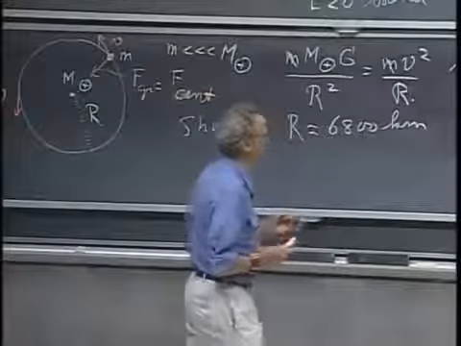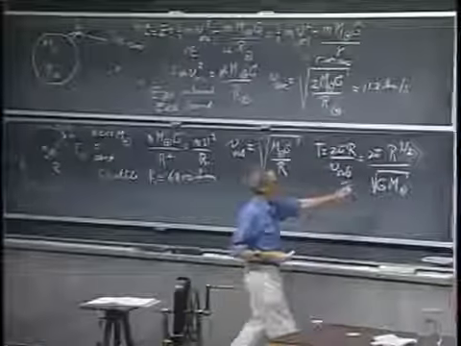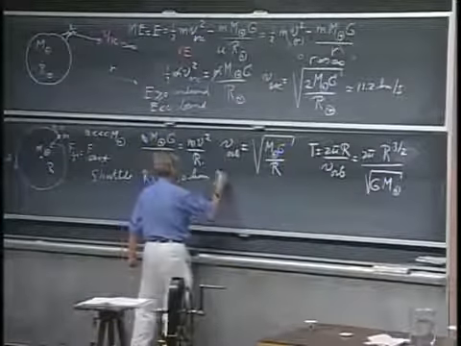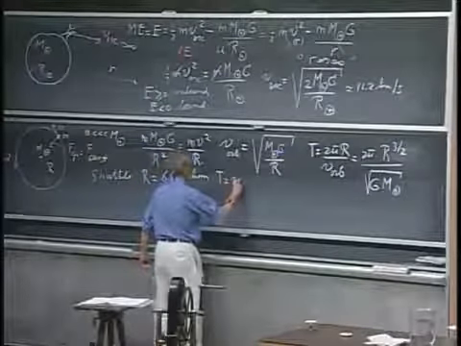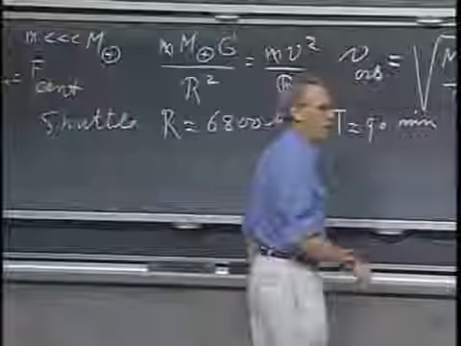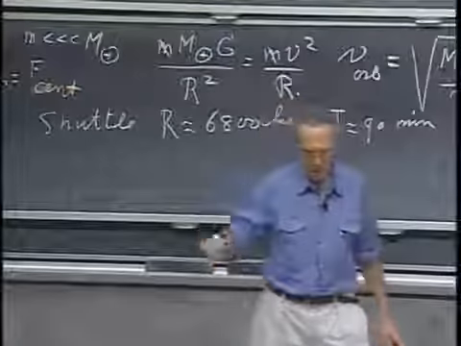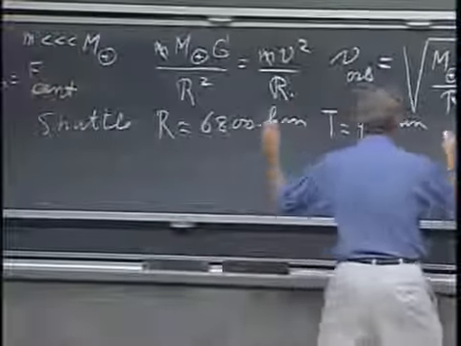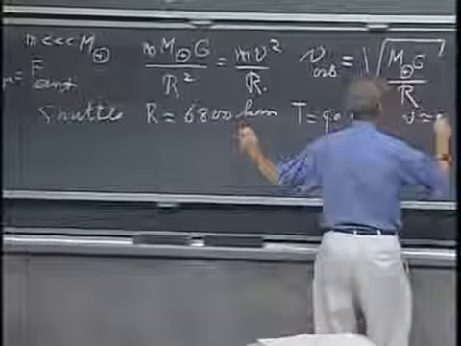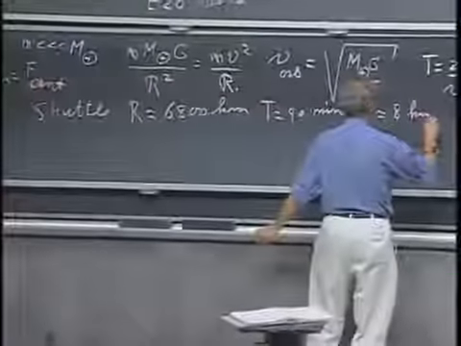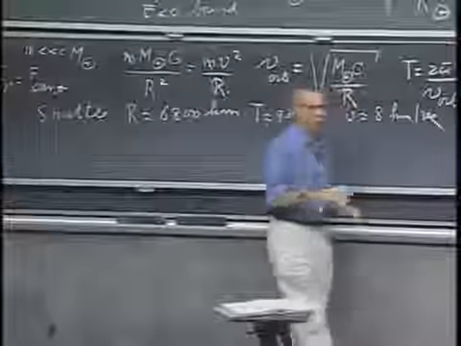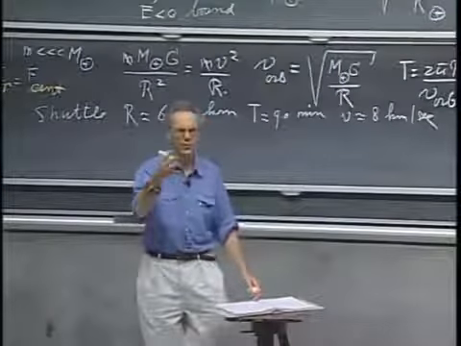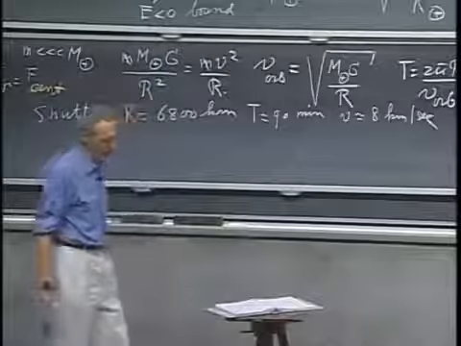You substitute that in here, with the mass of the Earth and the gravitational constant, and you'll find that T is about 90 minutes, about 1.5 hours. The shuttle takes about 1.5 hours to go around, and the tangential speed is very close to 8 kilometers per second. And that holds for all near-Earth orbit satellites. Whether they are 400 or 500 or 600 kilometers, that doesn't change very much.